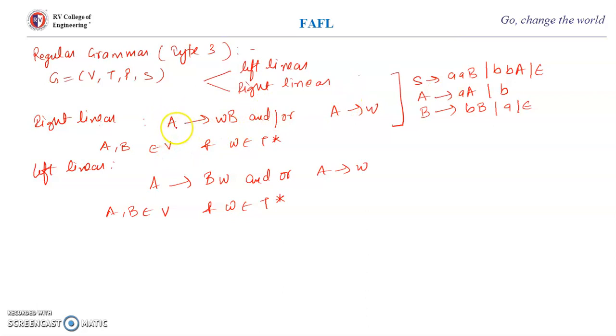So the left hand side should be a single non-terminal, because here A and B are all non-terminals, and w is a string of terminals including the null string. On the right hand side of the production we can have epsilon, because w is nothing but T star. So it can be epsilon or it can be a set of terminals, and here we have capital B. This capital B is what?